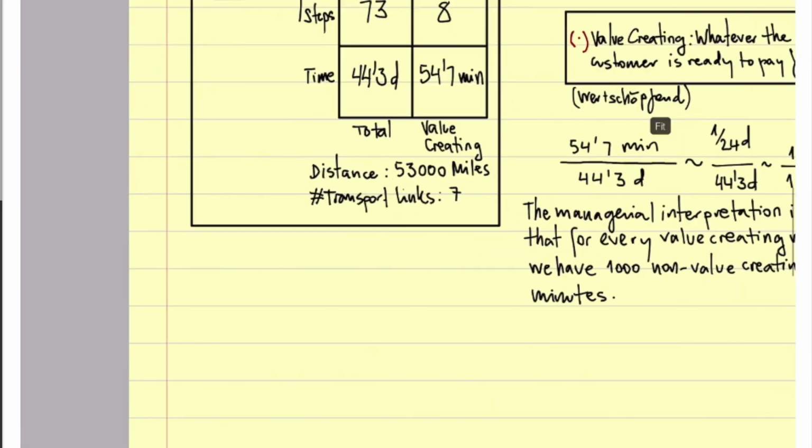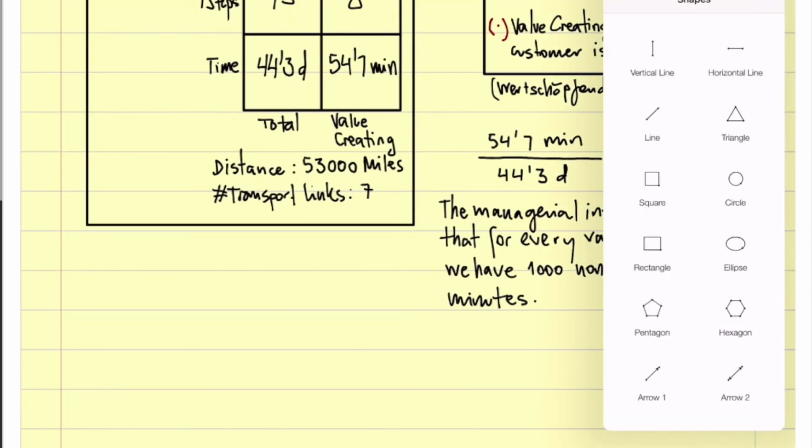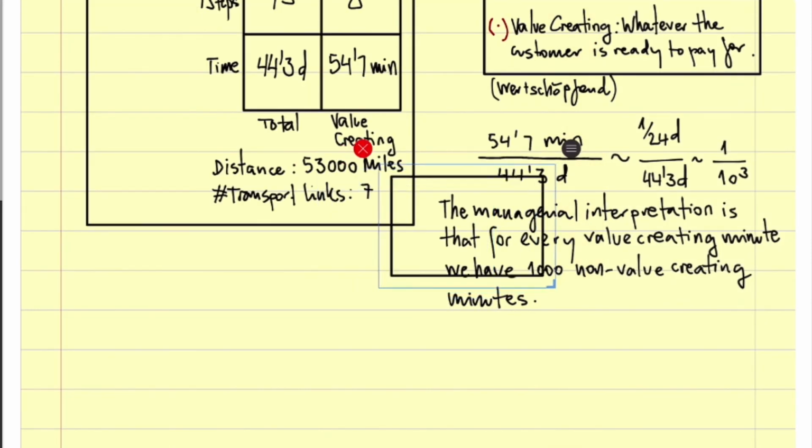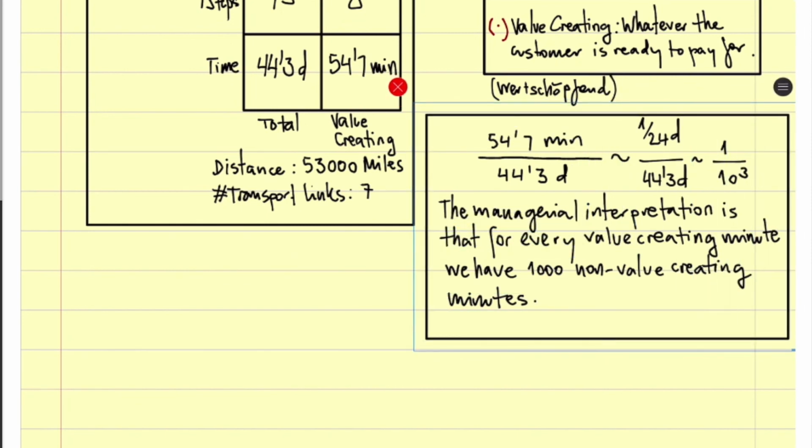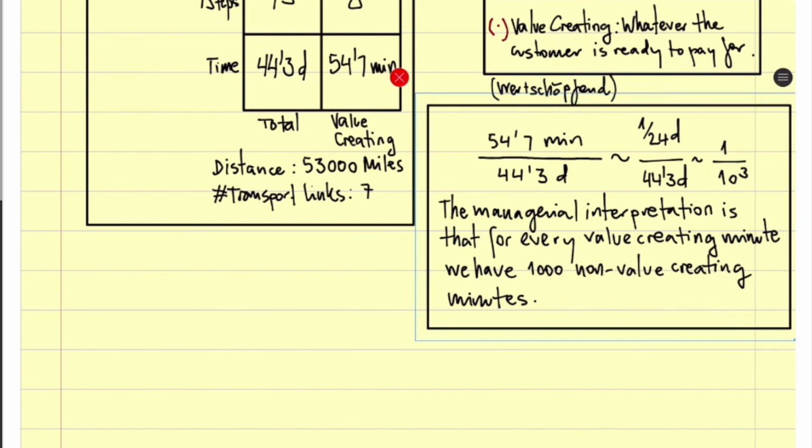In other words, does it make sense mathematically? Can you follow? Yes or no? No, a D is a day.